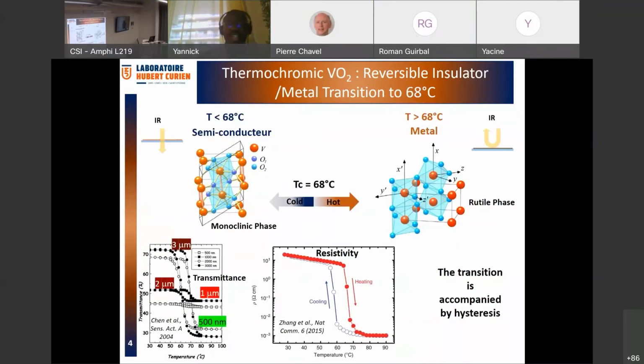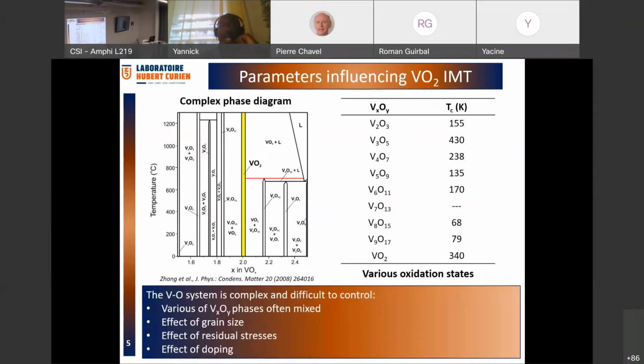Just to show you some examples of the transition. Here it's transmittance against the temperature. This transition is accompanied by hysteresis because it's a reversible transition. And this is for resistivity, just to show you an example. There are some parameters that can influence this insulator metal transition of vanadium dioxide.